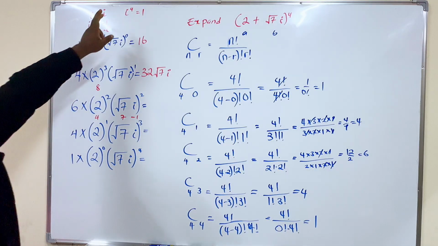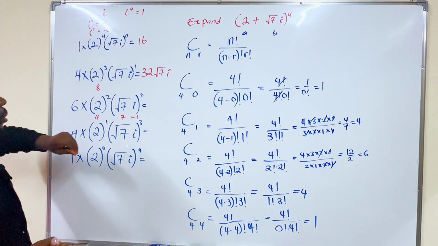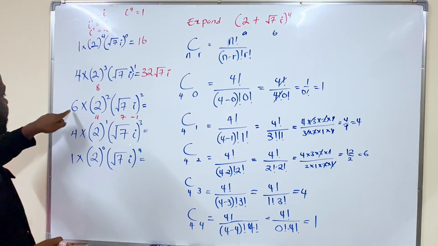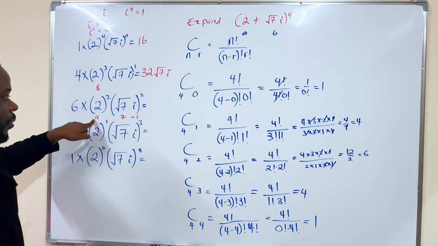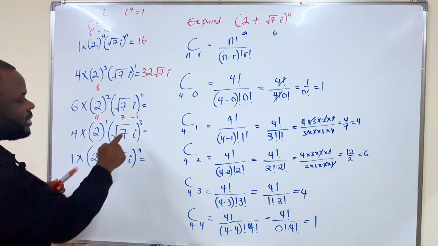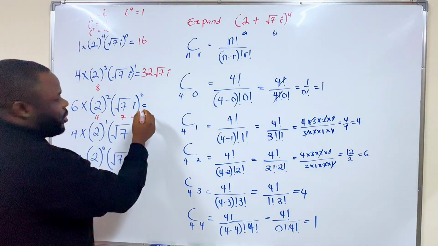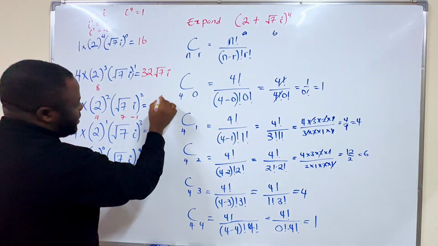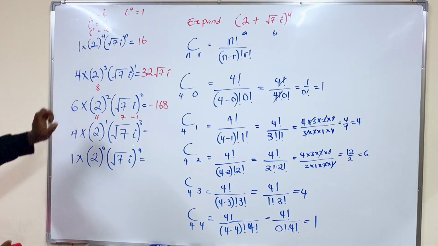So we have to take note of this. So i squared equals what? Negative 1. So you have 6 times 4 is 24. 24 multiplied by 7 gives you 168. 168 multiplied by negative 1 will now give you negative 168. Okay? So that is for this.